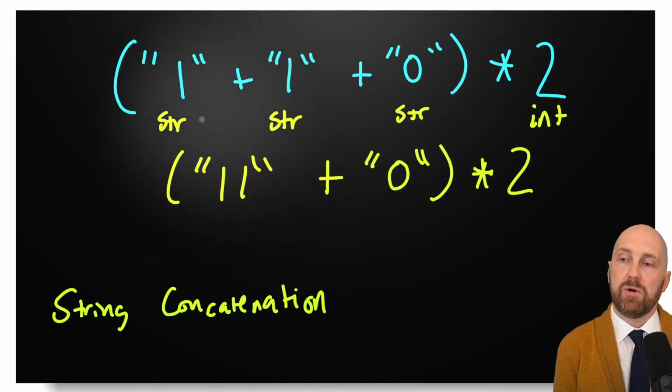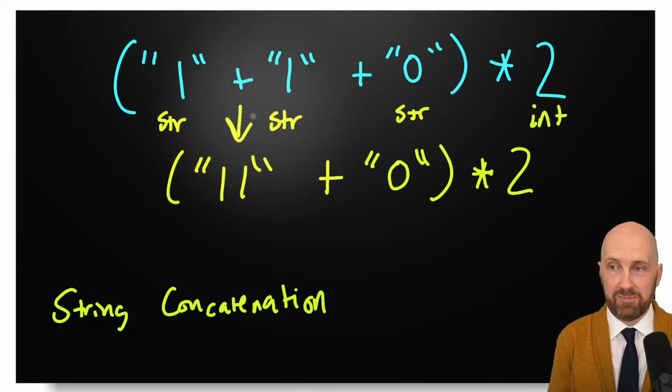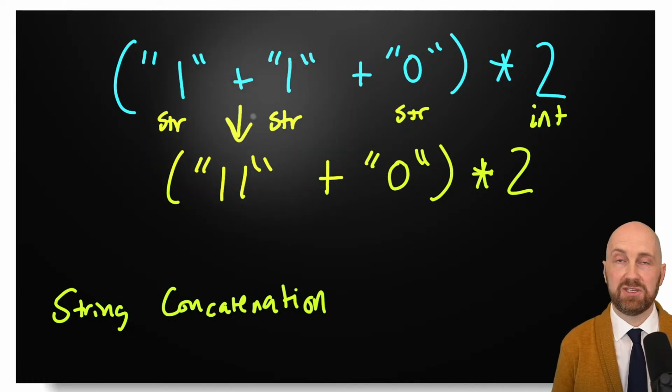And so now look, what happened was this concatenation operation, which looks like the addition symbol. It is the addition symbol, but when you're working with two strings, it has a different meaning than when you're working with two numbers.